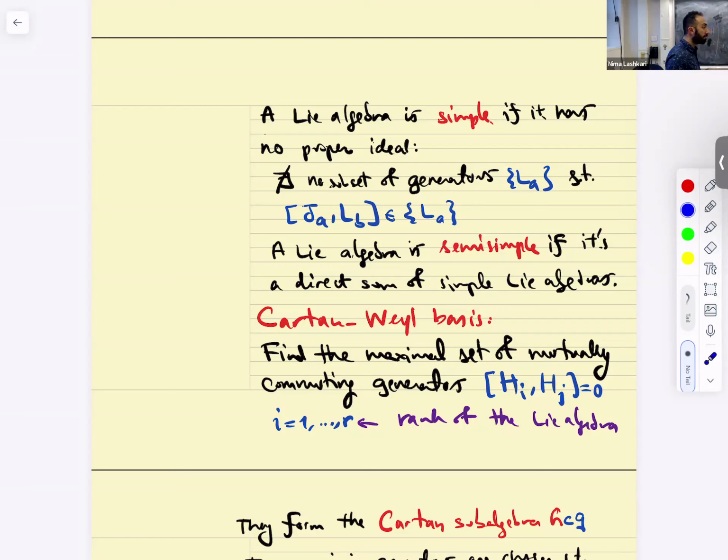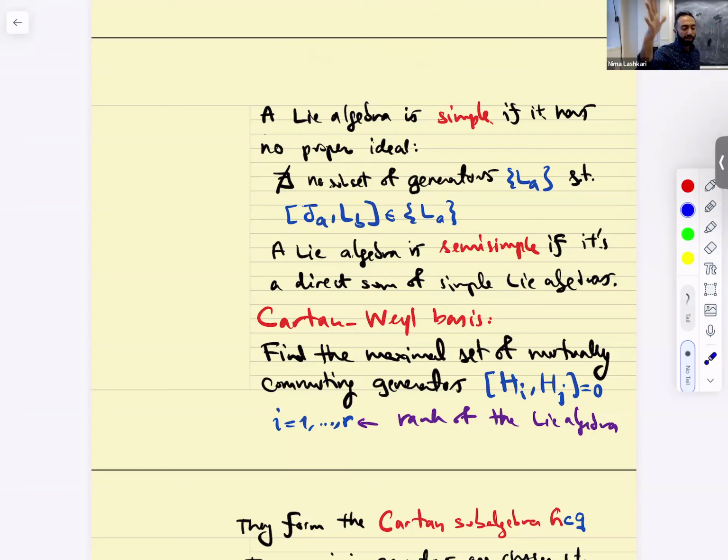You generate everything. Good. That's the absence of a proper ideal. That's called a simple algebra. A semi-simple algebra is a direct sum of a bunch of simple ones. You just have a bunch of blocks that within each other transform into each other. Good? Got it? So that's what a semi-simple algebra is. We're going to be talking about semi-simple algebras.